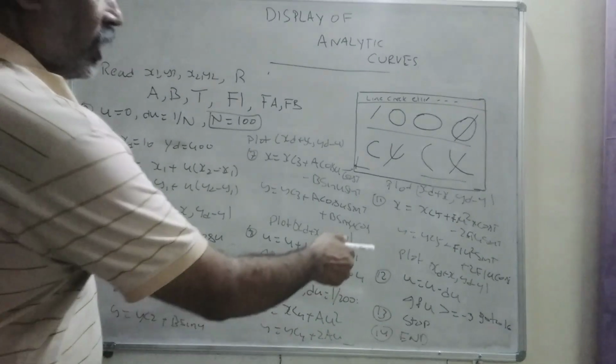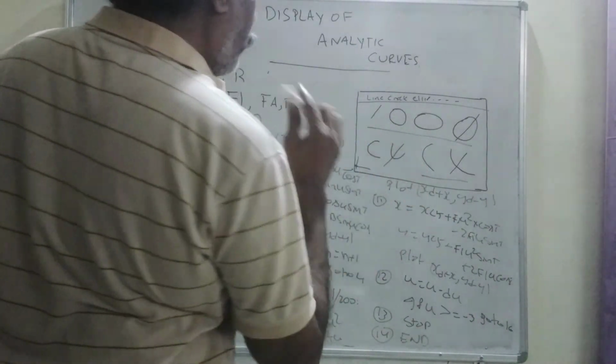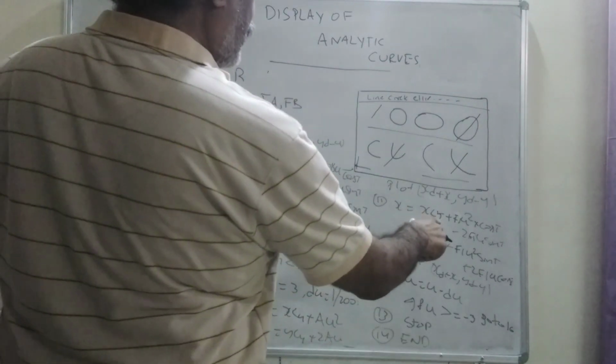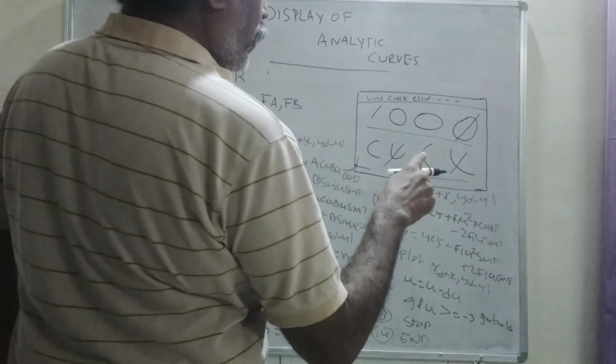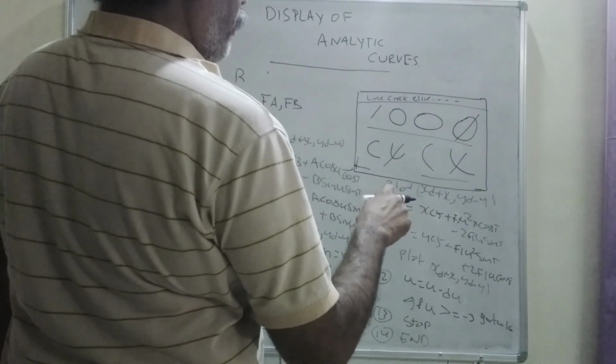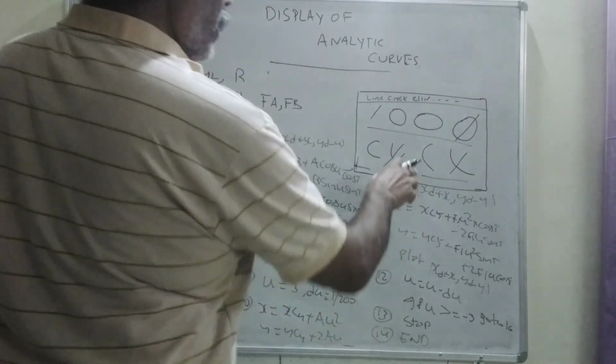So here you can write two more equations. For a hyperbola, x is equal to xc6 plus a sinh u, and y is equal to b cosh u. That is the hyperbola.